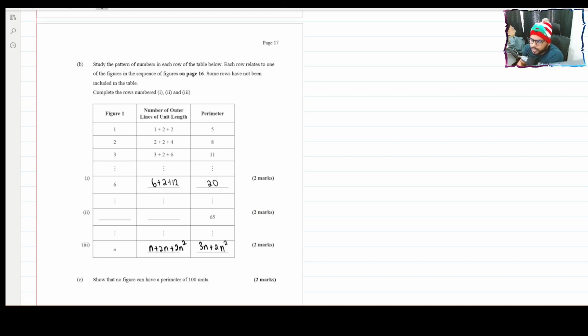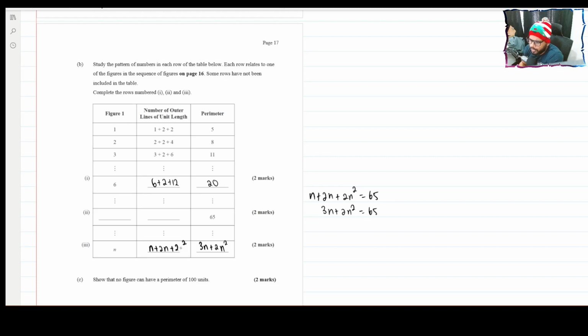So I know that for 65, when I add them up, it's equal to 65, and I could figure out what n is. So for 65, I'll have n plus 2n plus 3n squared, sorry, 2n squared is 65. I get 3n plus 2n squared is equal to 65.